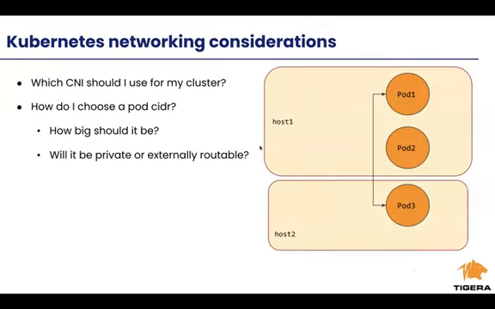So just getting started, the Kubernetes networking considerations. Well, the first thing you probably want to decide is which CNI am I going to use for my cluster. I mean, obviously you should use Calico, but there are other choices, and you need to decide what the system requirements are for a particular CNI. Does my kernel support this particular CNI?